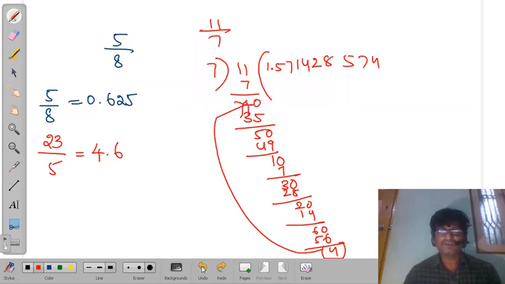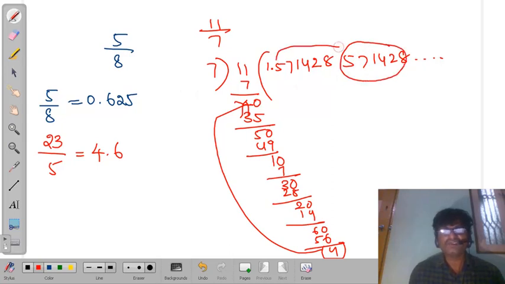Yeah, 5 7 1 4 2 8 and so on, like that we will get. So this block of digits, 5 7 1 4 2 8, is getting repeated after this.